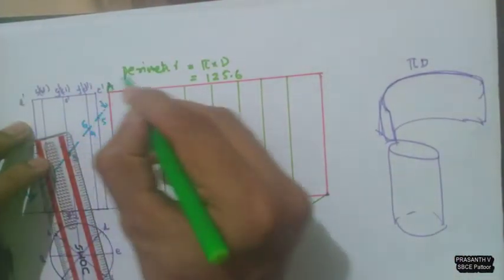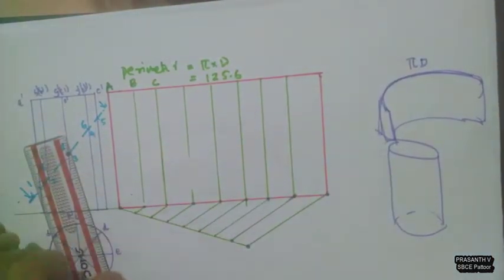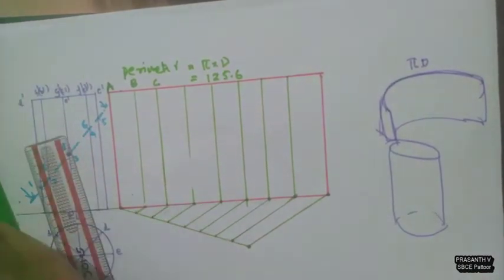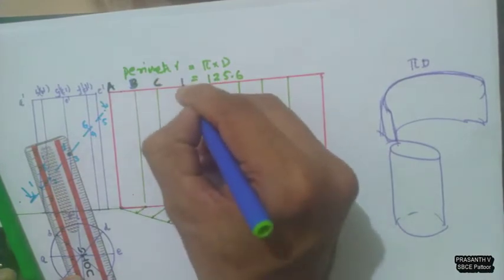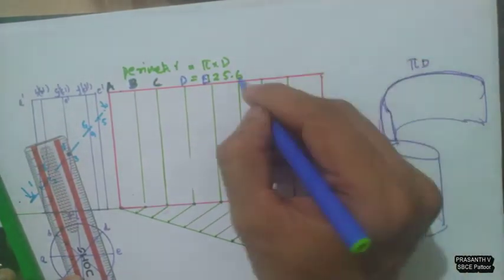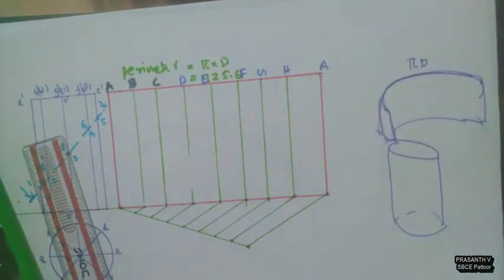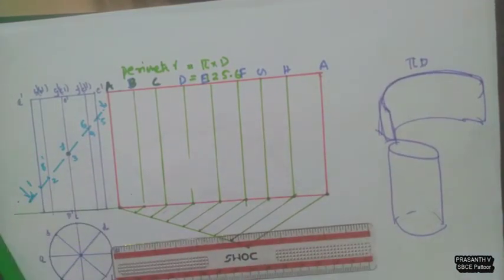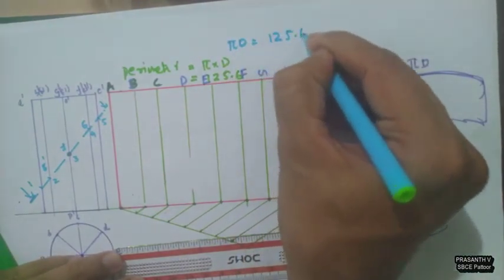You see, this is A, B, C. I will use another color. A, B, C, this is D, E, F, G, H, again this is A. Now you can see pi d as 125.6 mm.